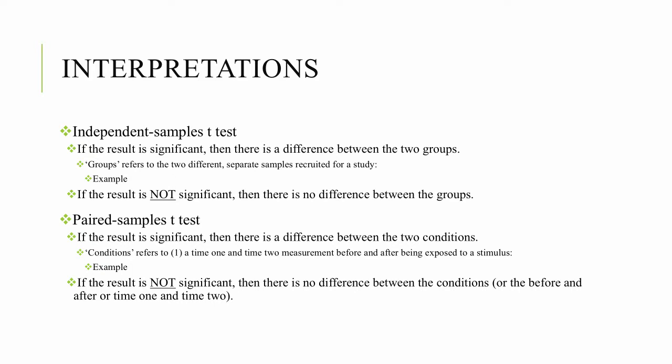I just wanted to point out that groups refers to the two different separate samples that have been recruited for a study. This helps me remember what's going on when I see a group versus a condition. If the result is not significant, then there's no difference between the groups.